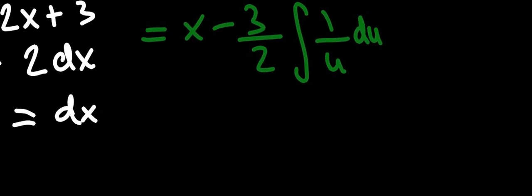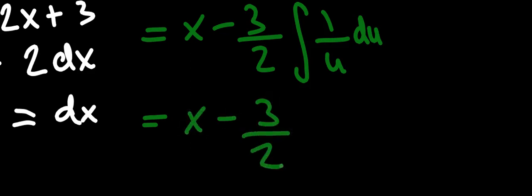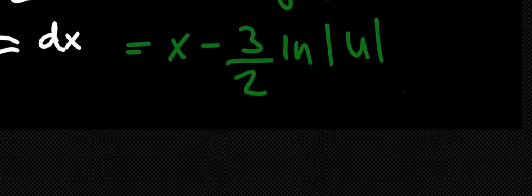And here, now we know the integral of 1 over u. So it's easy. Our integral of 1 over u is ln of u. So we'll just do minus 3 over 2 ln of u. And now we're going to go back and substitute what our u was.